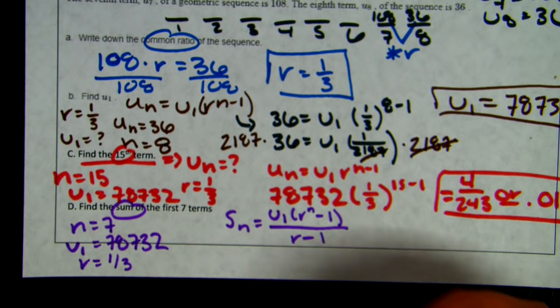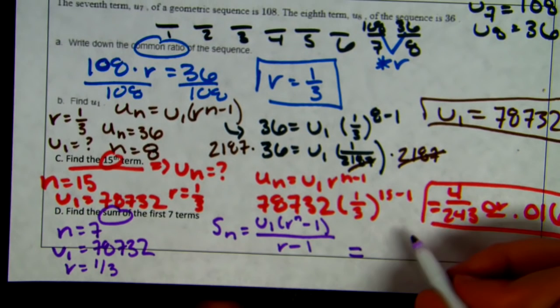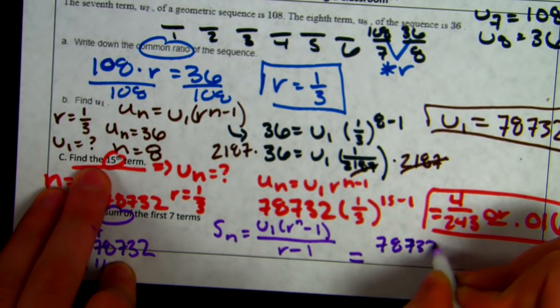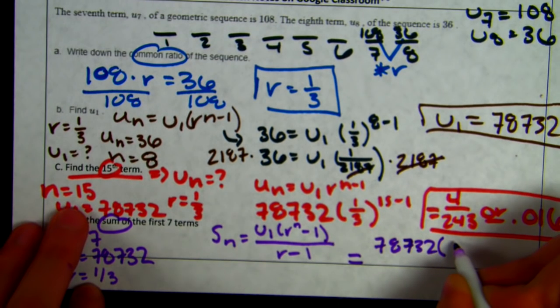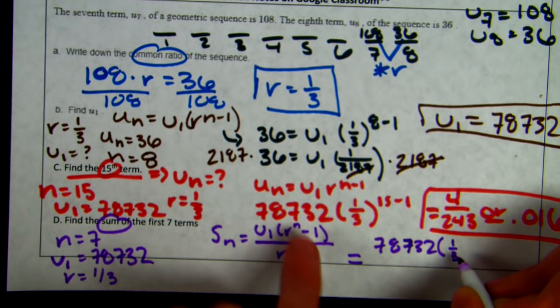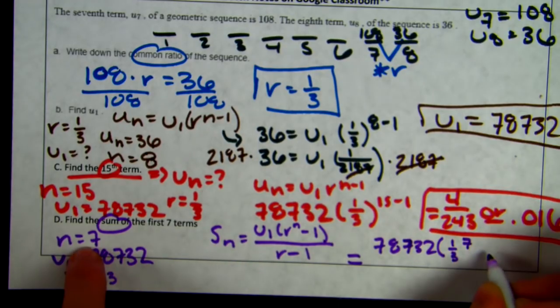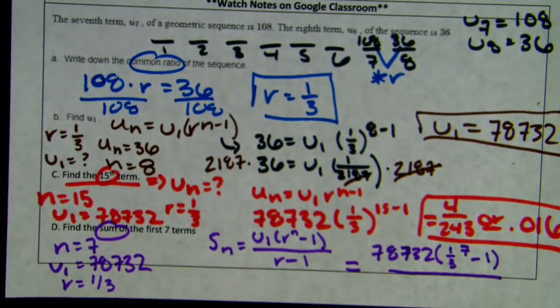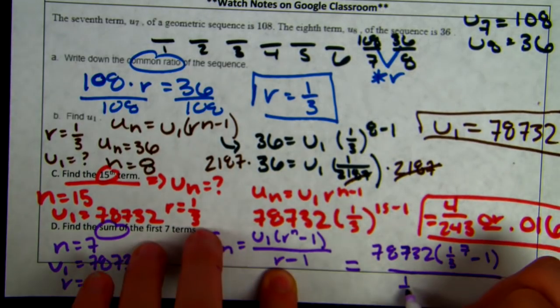So if I plug in everything I know, U1 is 78,732. R is 1/3 to the power of 7 because that was my N, minus 1, over R minus 1, which was 1/3 minus 1.